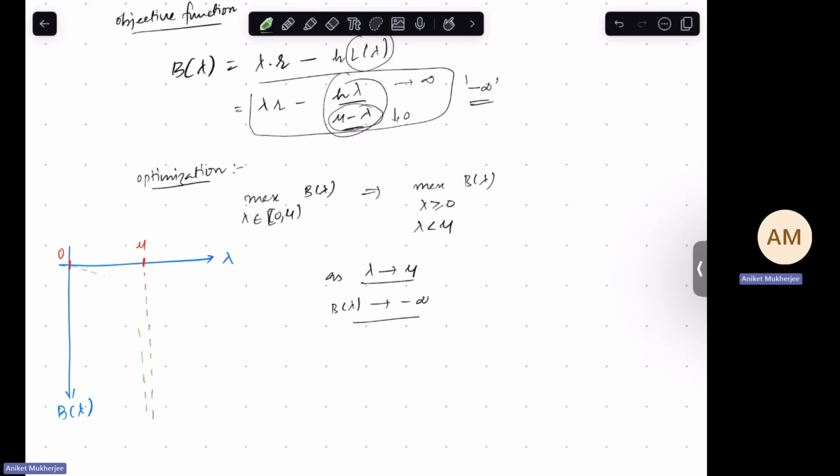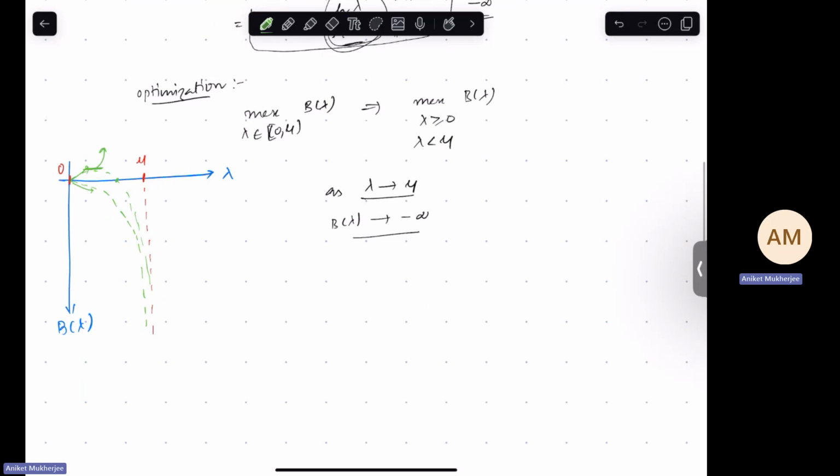So you could have a case where this is the curve of b lambda, and then the maximum is at lambda equal to 0. But you could also have a case where you have a curve like this, and now this curve implies you have a maximum here. So it all depends on how you start at 0. Are you increasing at 0 or are you decreasing at 0?